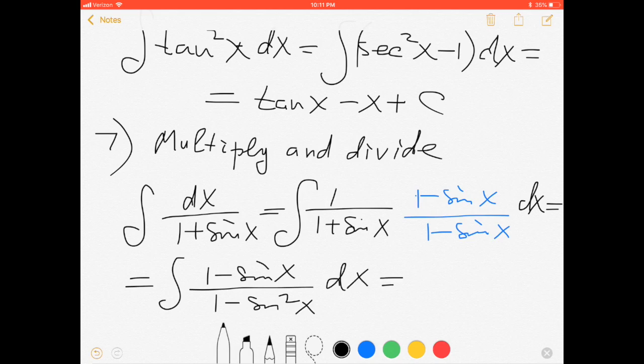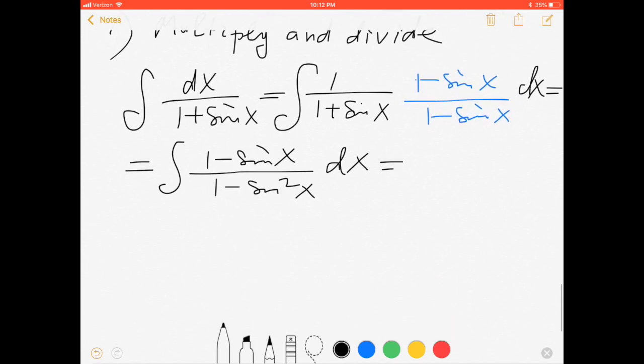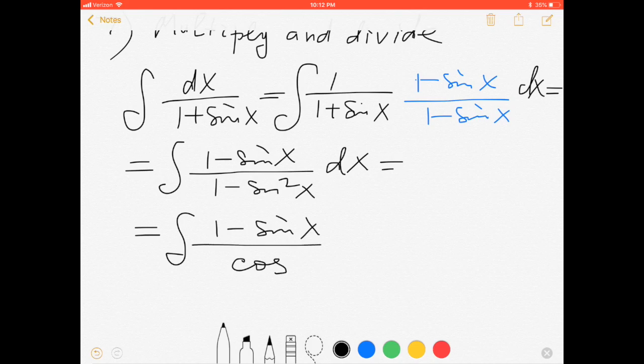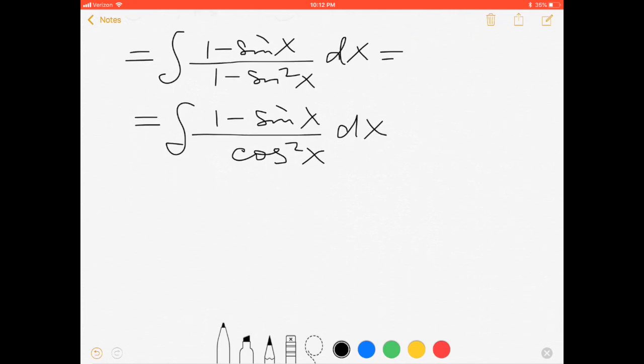Great. Now we need to use some trigonometrical identity, because 1 minus sine square x will be cosine square x. This means we use rule number 6 for moving from one integral to another.